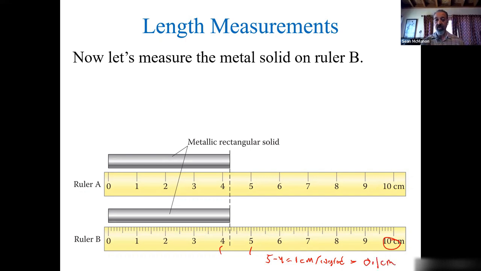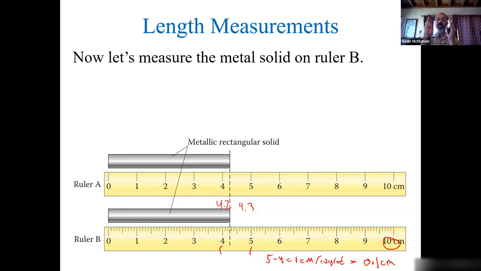So now, when I look at this, I might say to myself, oh, it's between 4.2 centimeters and 4.3. You can see that right there because there's 4.1, 4.2, 4.3. So I'm more precise. I go to a greater place value.